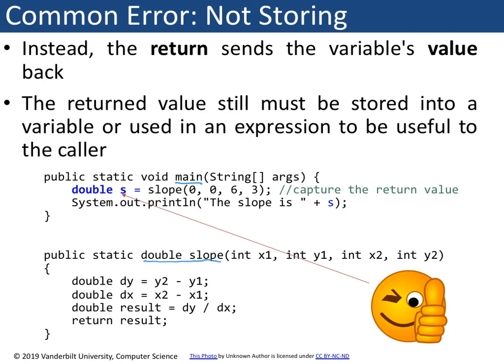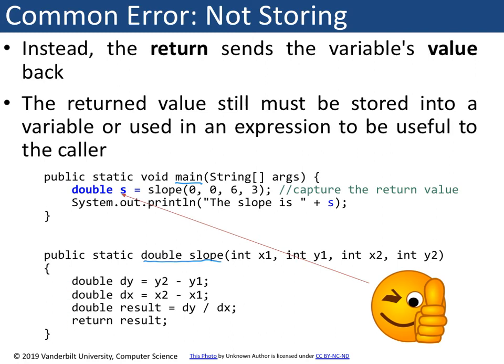So to evaluate this expression, we have to call the method slope. So the program pointer jumps into the method slope, and x1 has taken on the value 0, y1 0, x2 6, and y2 3, and the method then calculates the slope.